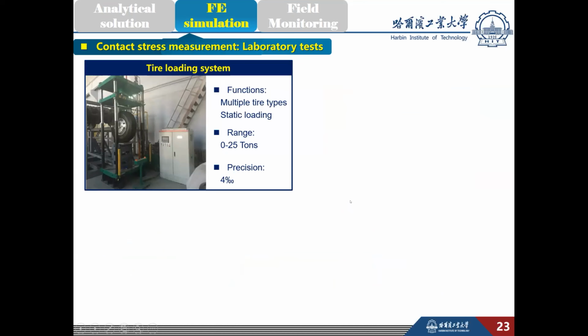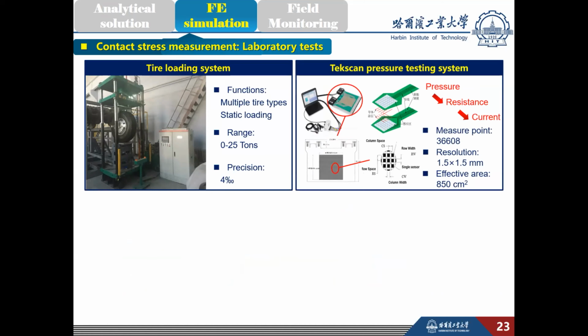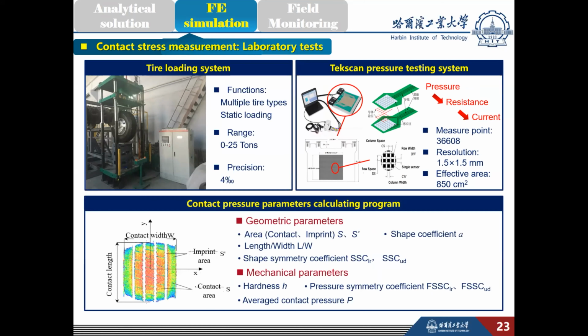To achieve this objective, we developed a static loading system specially for tires. Different axle loads ranging from 0 to 25 tons could be applied on different types of tires. Also, different tire inflations could be tested. Based on the loading system and the Tekscan pressure system, the tire contact pressure with a desirable resolution can be easily achieved.